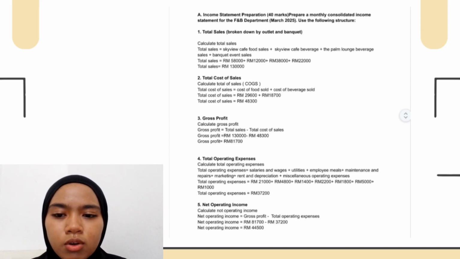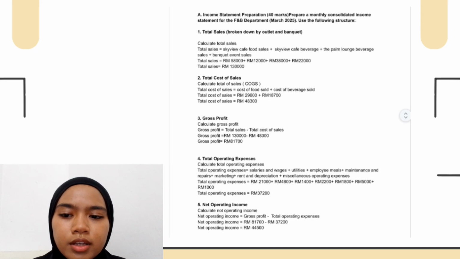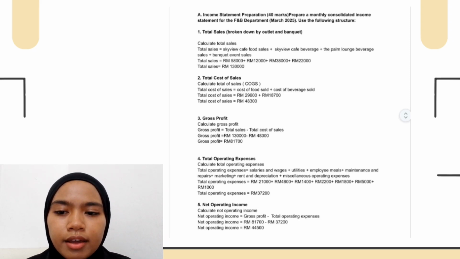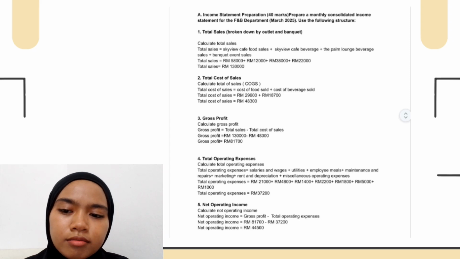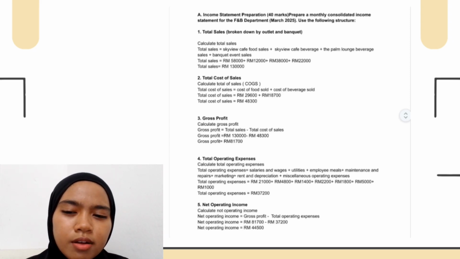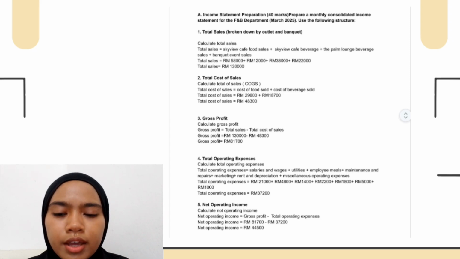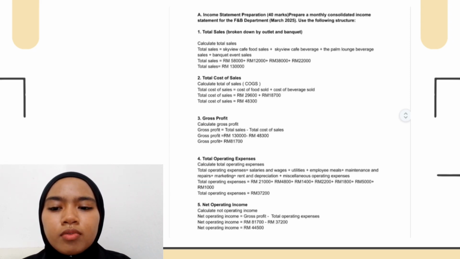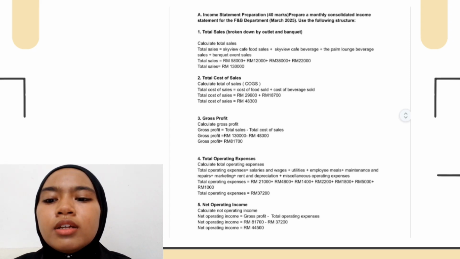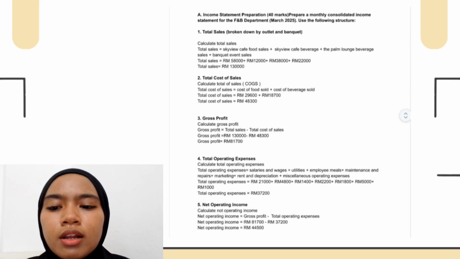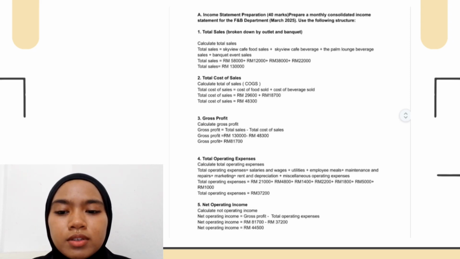And for number 2, total cost of sale is cost of food sold plus cost of beverage sold, 29,600 plus 18,700. Total cost of sale is 48,300. Calculate the gross profit: total sale minus total cost of sale.